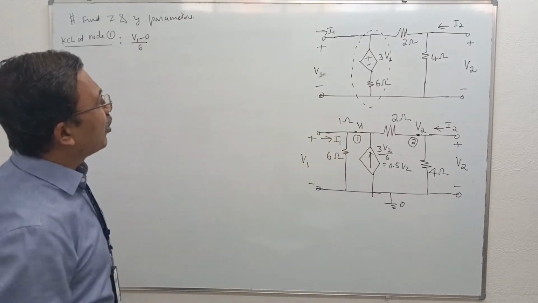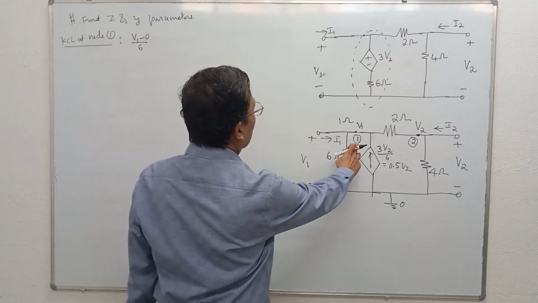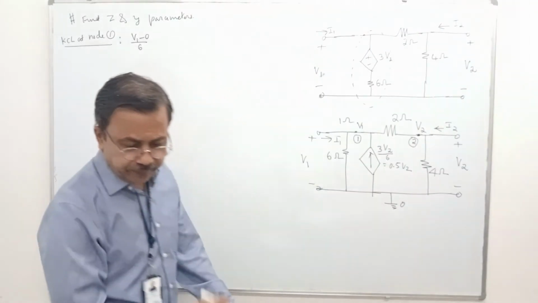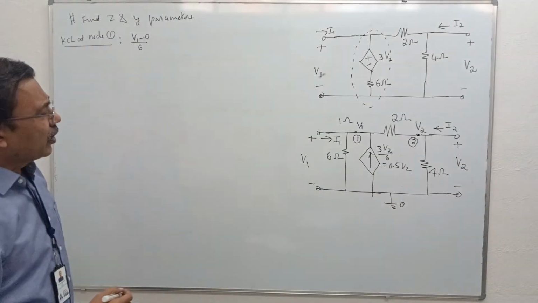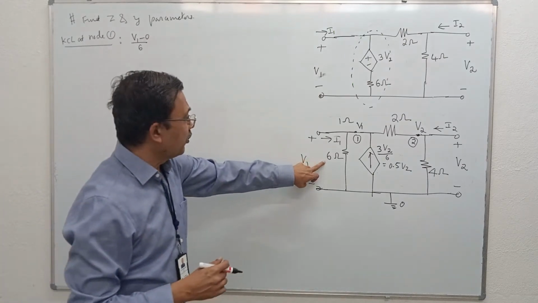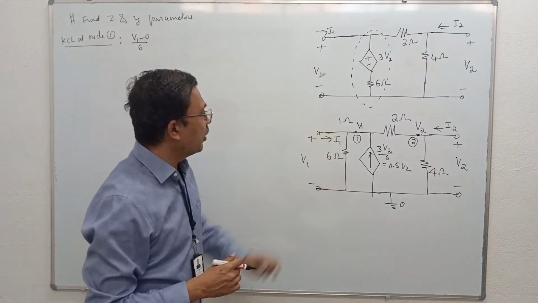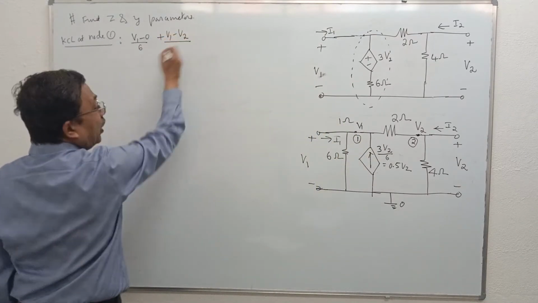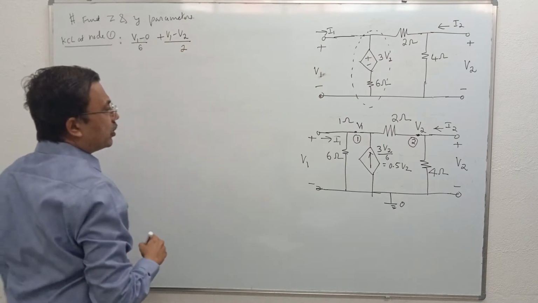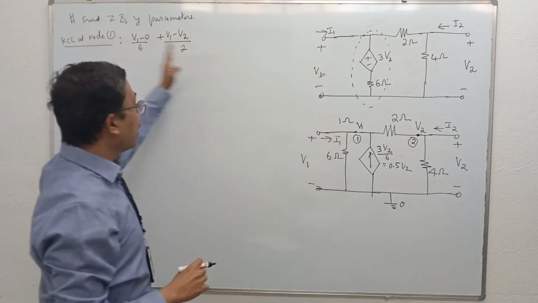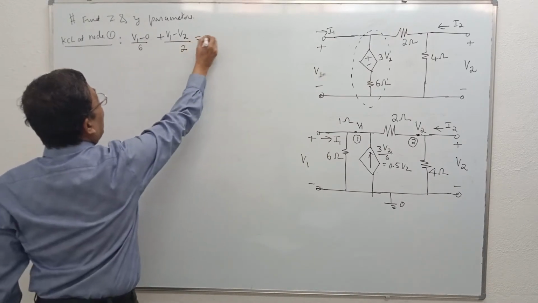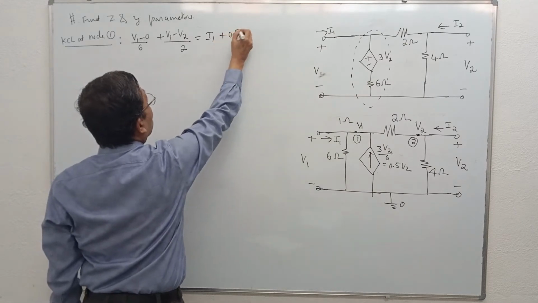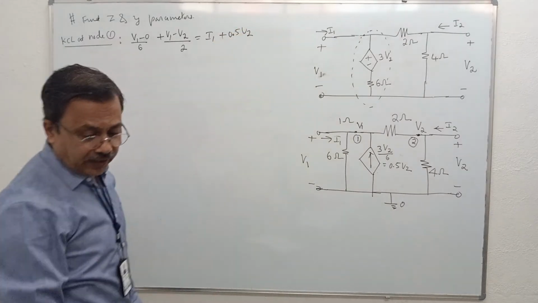Now we apply KCL. Node 1 has potential V1, node 2 has potential V2. Current in the 6 ohm resistor is V1 minus 0 divided by 6. Current in the 2 ohm resistor is V1 minus V2 divided by 2. These two currents are leaving node 1, therefore I have taken them on the left hand side. Currents I1 and 0.5 V2 are entering, therefore I take them on the right hand side.